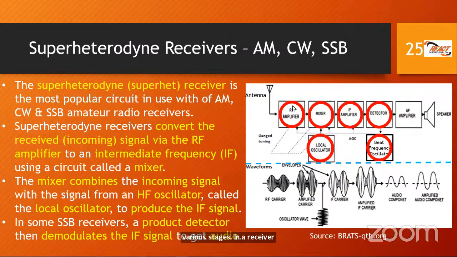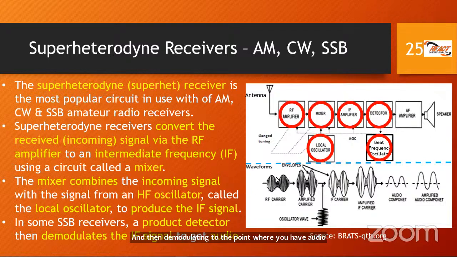You have the antenna, and then the different stages that the signal goes through and is processed to the point where it leads to an audio output, which is why you'll see a speaker at the end of the chain. It's coming in as radio frequency, being processed inside various stages, including mixing, amplification, filtering, and so on, and then demodulating to the point where you have audio delivered to the speaker.